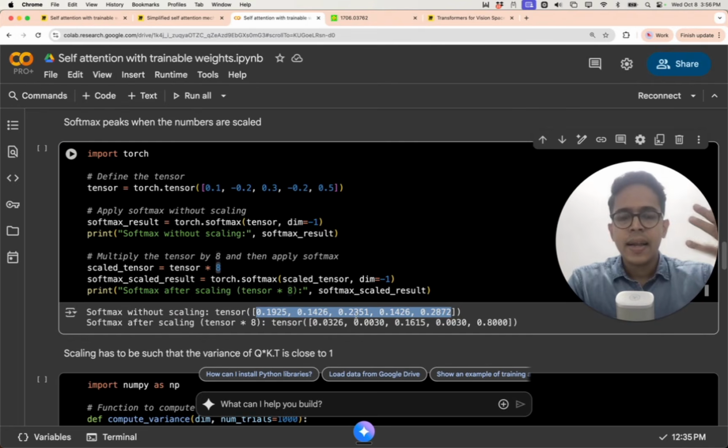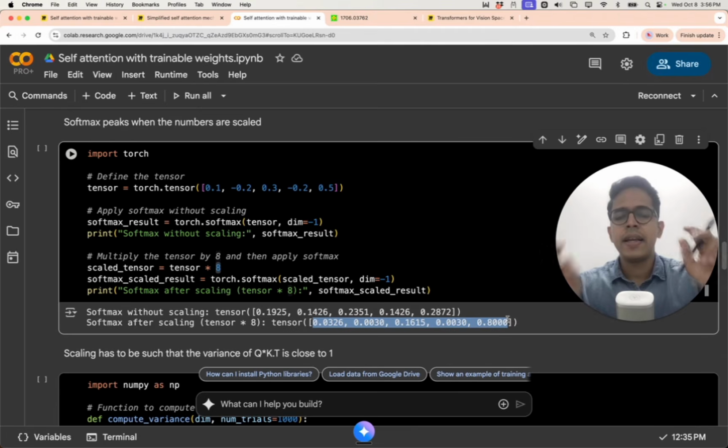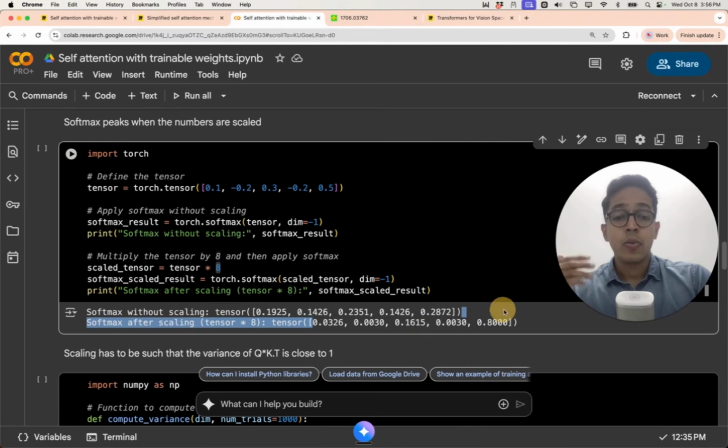So during the training of large language models, we don't want the final dot product output to be such peaky numbers. We want numbers that look more like this. So to prevent softmax from giving us outputs like this, we have to scale the numbers appropriately.